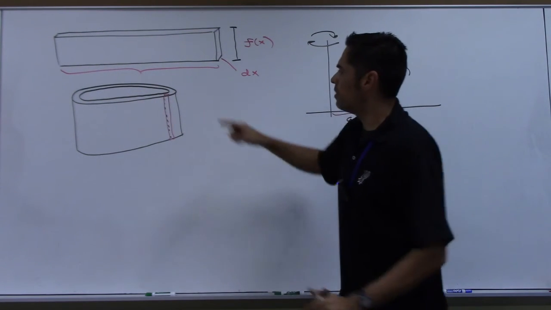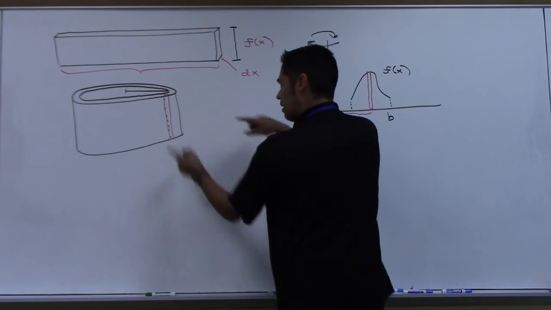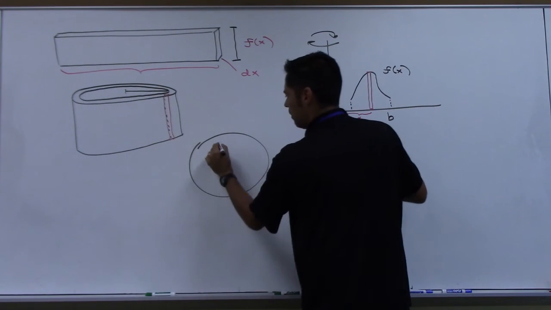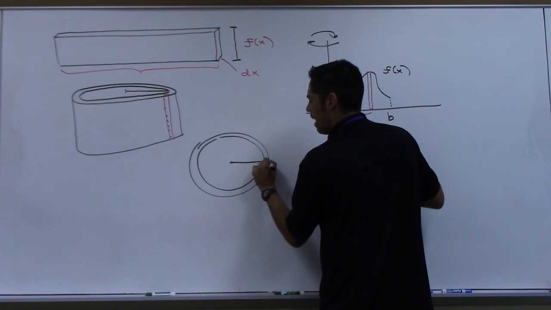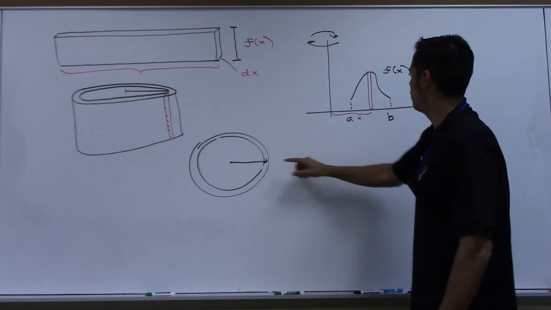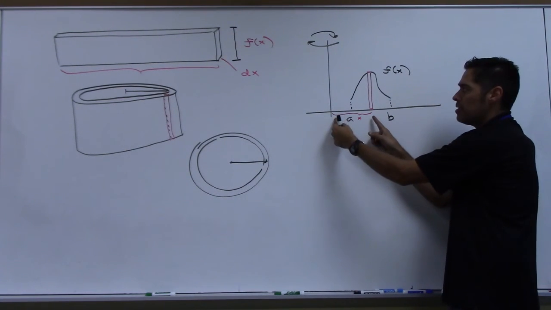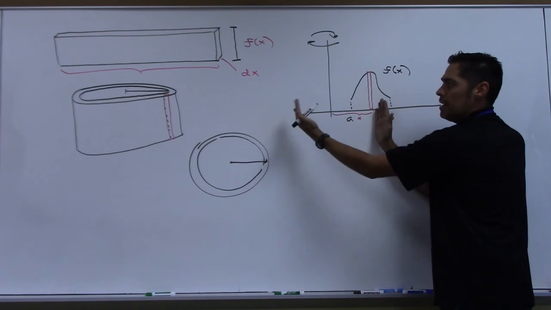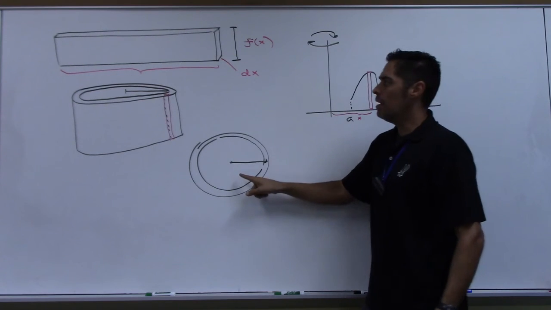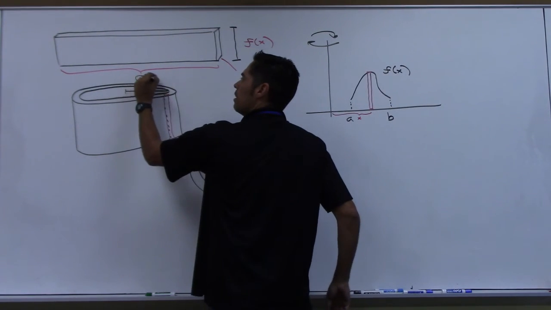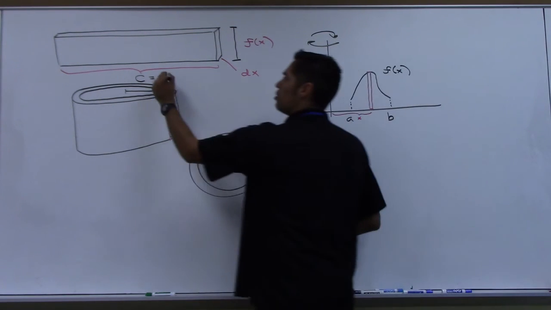But the circumference of the circle means we have to know, if we look at that piece from the top, the distance from there to that edge, which is what? It's just x, right? That was the distance from here to here. That's what created that radius. So the x is kind of like the radius of this thing, isn't it? And so if the circumference is 2 pi r, this is actually going to be 2 pi x.